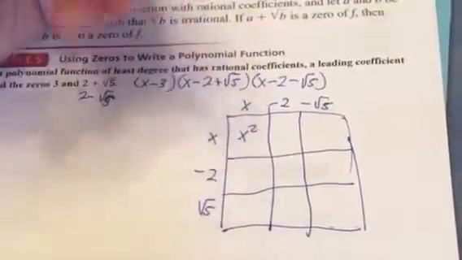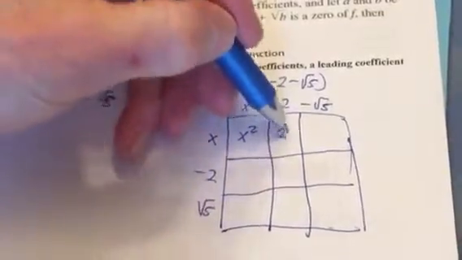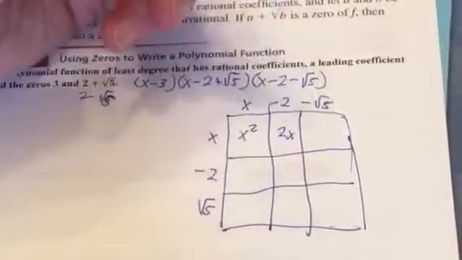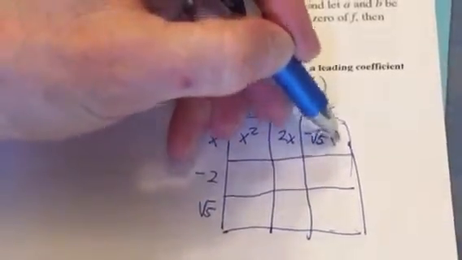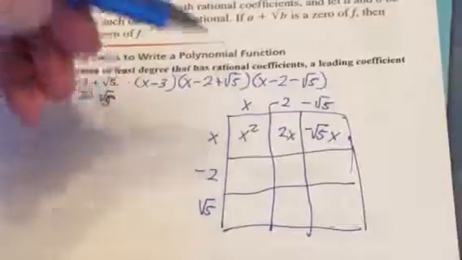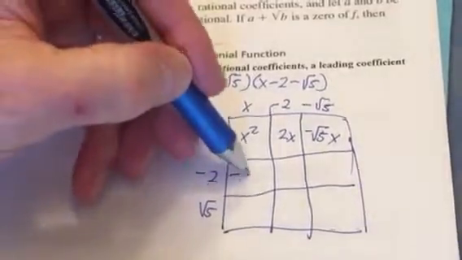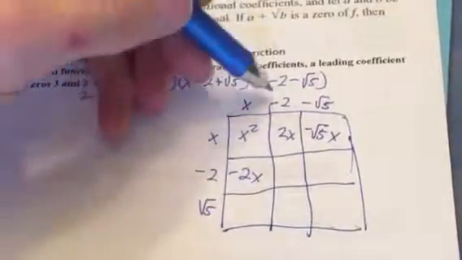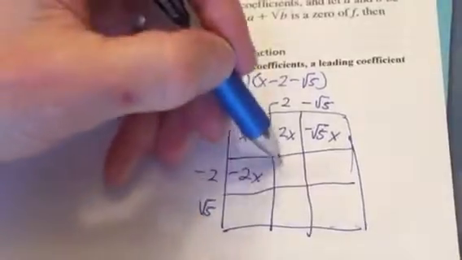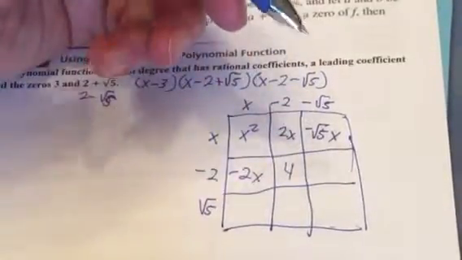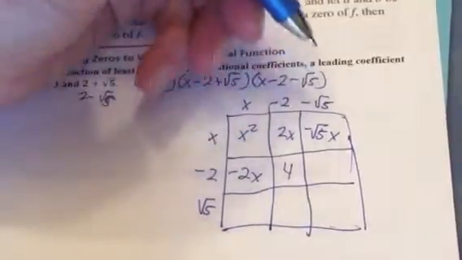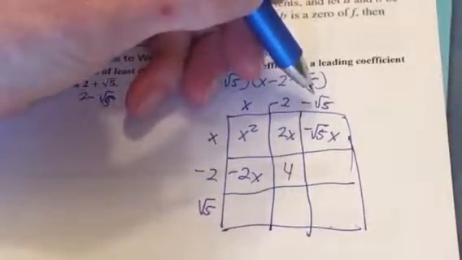So this is going to be x times x, which is x squared. This is 2 times x. This one is negative root 5 times x. This box is negative 2x. This box is negative 2 times negative 2, which is 4. This box is negative 2 times negative root 5.